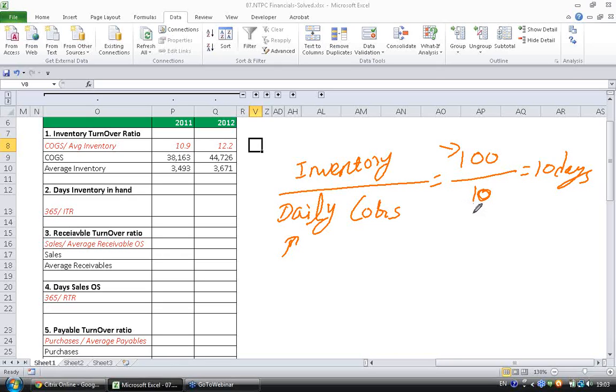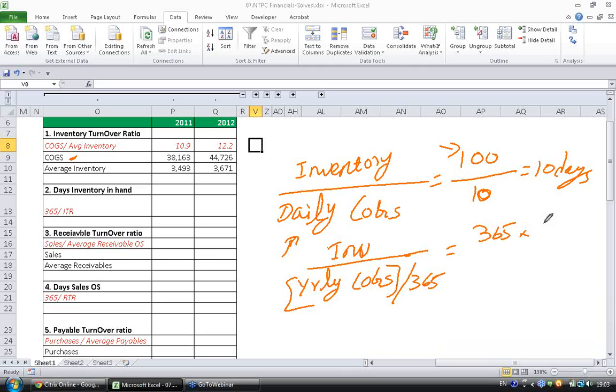That is the interpretation. Now what we have here is yearly cost of goods sold and not daily cost of goods sold. So to convert that into daily cost of goods sold, I will do inventory divided by yearly COGS divided by 365. Right? Yearly COGS divided by 365. If you rewrite this formula, the denominator of denominator goes into numerator, which means 365 into inventory divided by yearly COGS.